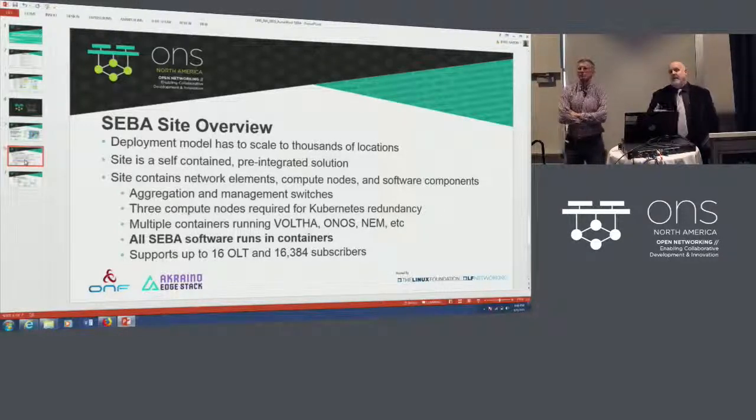I'll call it a site, not a pod, because Akraino has their idea of what a pod is, and that's a lot different from what we're calling here. That's a recent change. This is called a Seba site, and we may have multiple sites at a location, with multiple computes to support more customers.